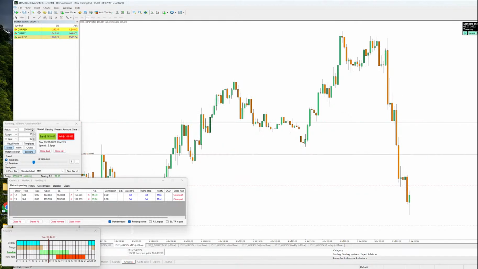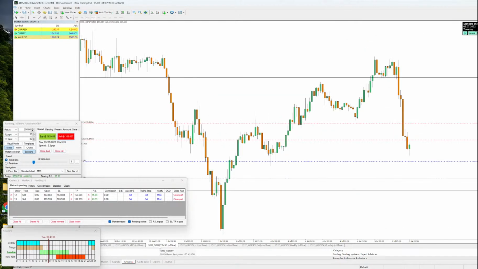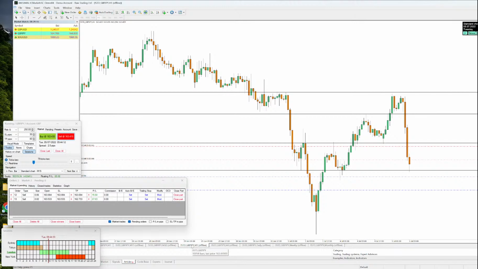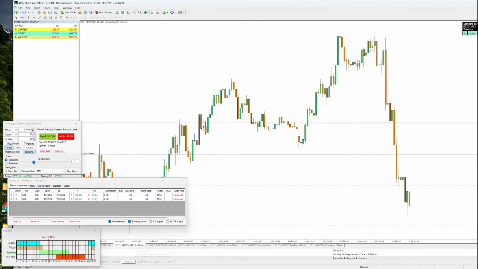Let's see the 15 minute. 15 minutes is looking like it's gonna find support. 1 hour is looking up nicely. Let's see. 15-minute close like that. I'm gonna close this position.